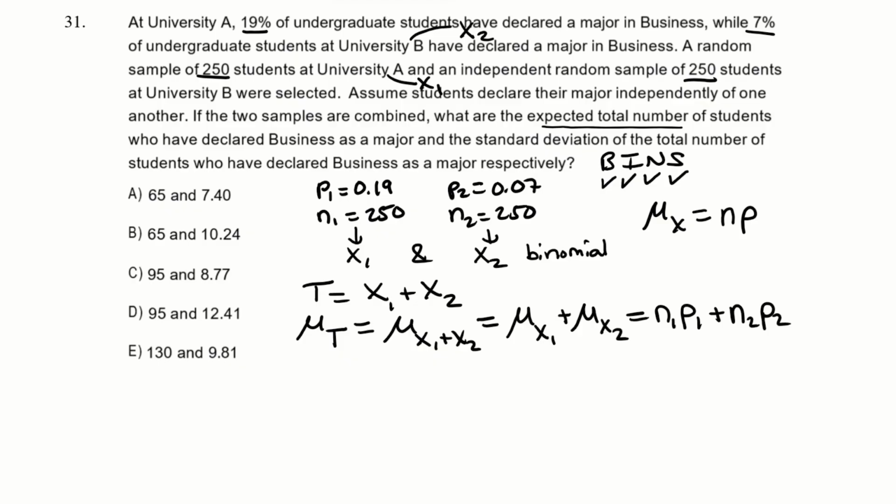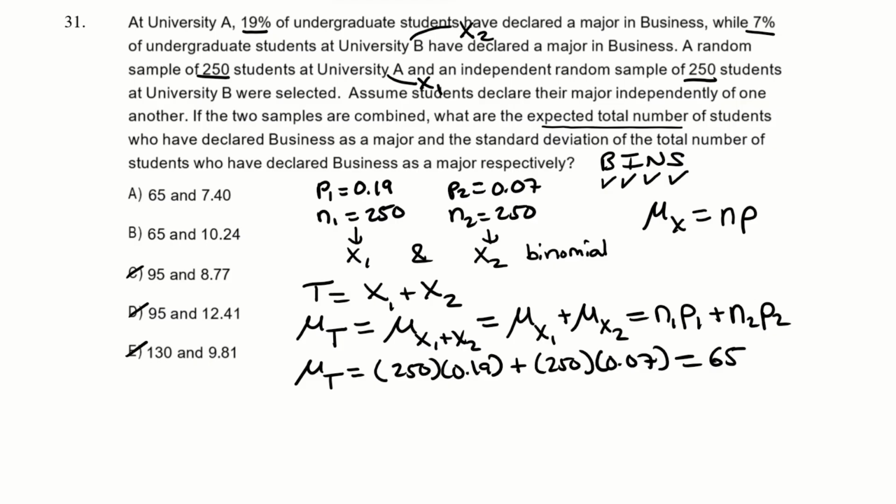So mu T: n1 is 250, p1 is 0.19, and then n2 is 250, and p2 is 0.07. Now if I combine those, I get about 65. So that eliminates these choices right here. It's either A or B.